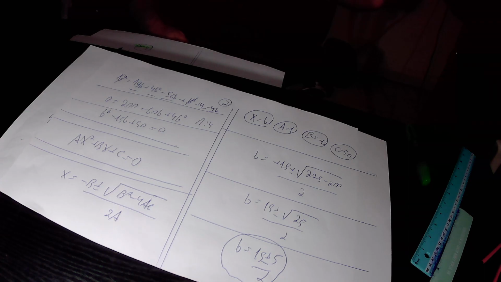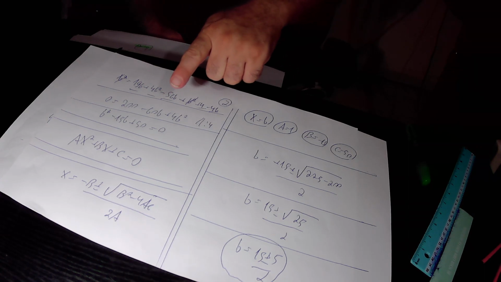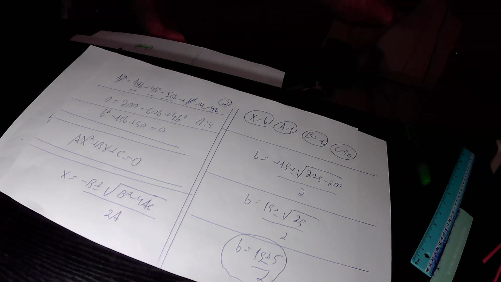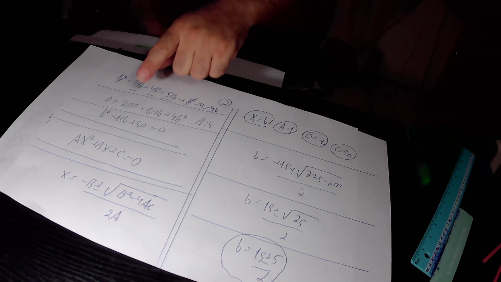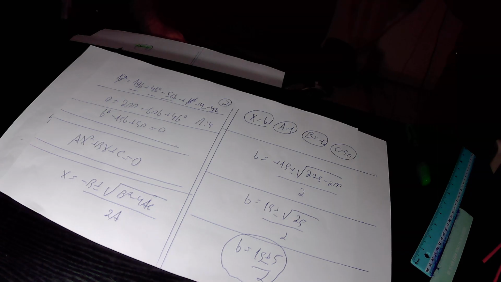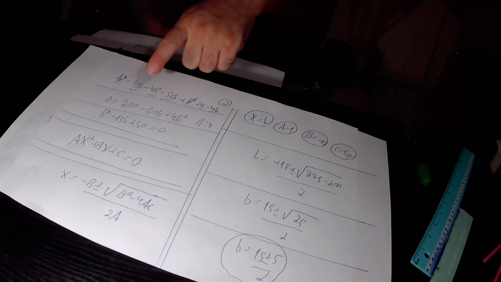In our specific quadratic equation, that is to say b squared minus 15b plus 50 equals 0, the variable that we are looking for is small b. Small b is the variable that we are looking for, while capital B is the coefficient of the general quadratic equation. In our specific equation, the coefficient B equals minus 15.